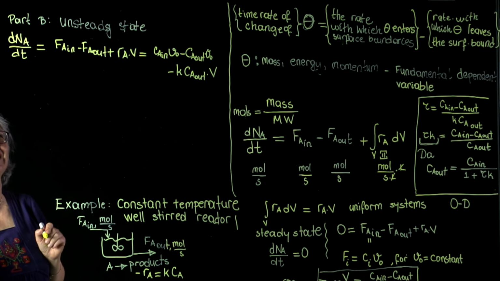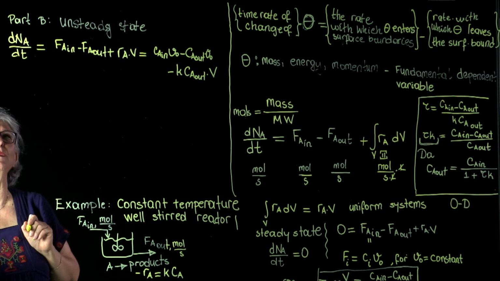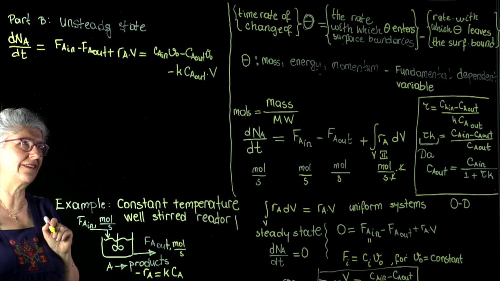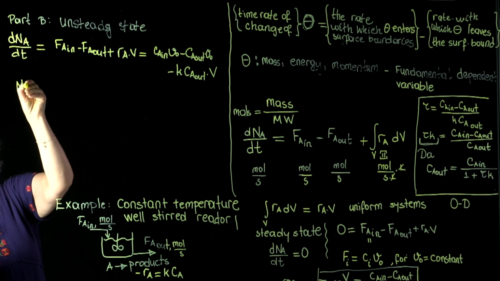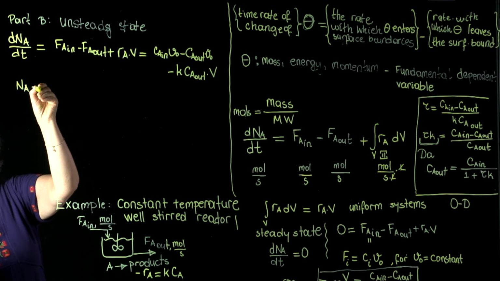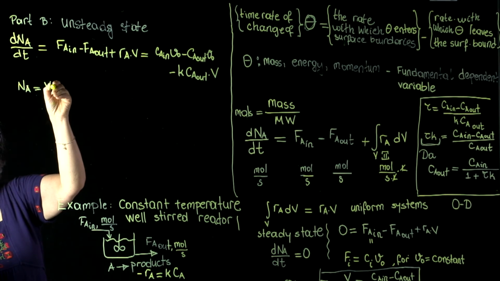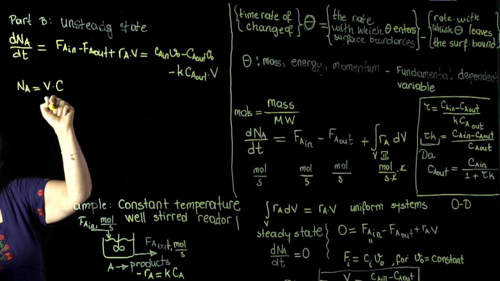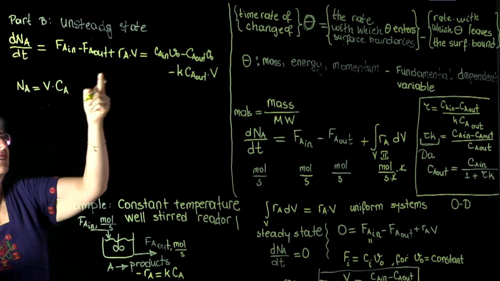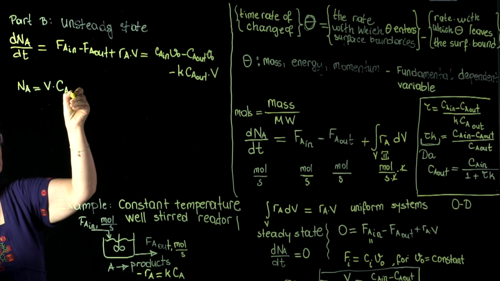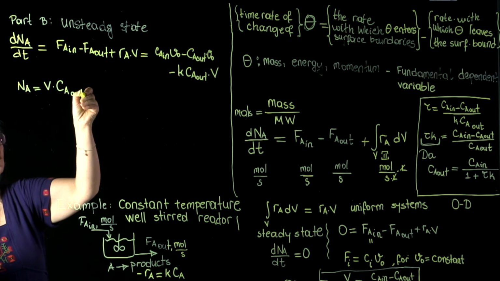Now what is NA? NA is the number of moles of A within the reactor. NA is equal to the reaction volume times CA in the reactor. And CA in the reactor so far is represented by CA out.